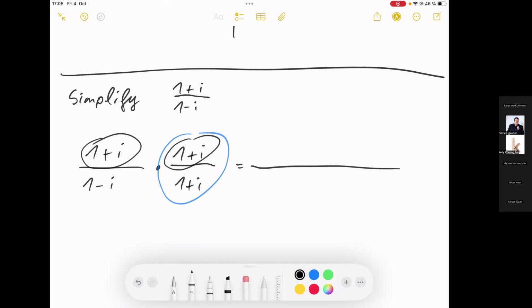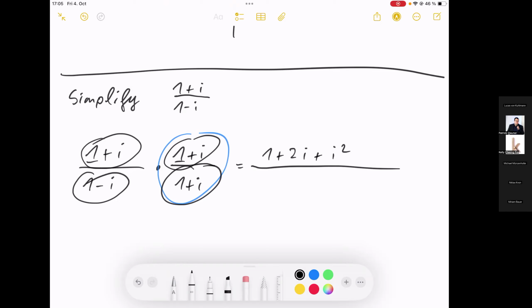So this is 1 plus 2i plus i squared, because 1 times 1, 1 times i plus 1 times i plus i times i, so it's i squared. And this one here is 1 minus i times 1 plus i, so it's just the same rules you know from algebra.